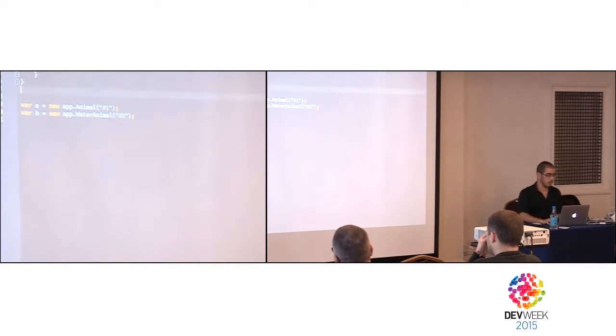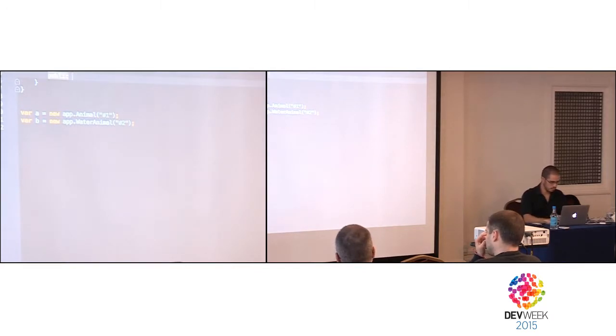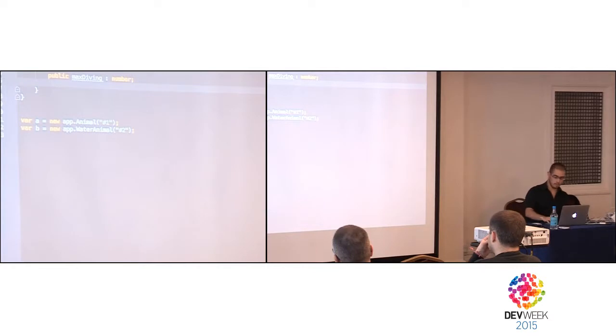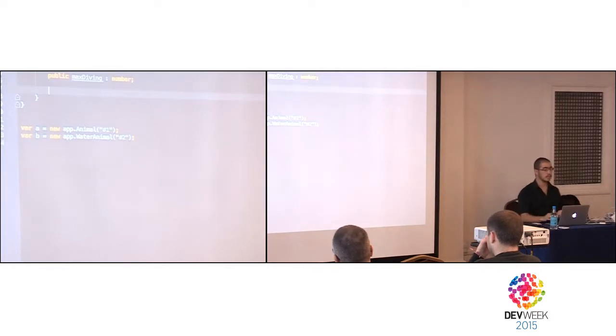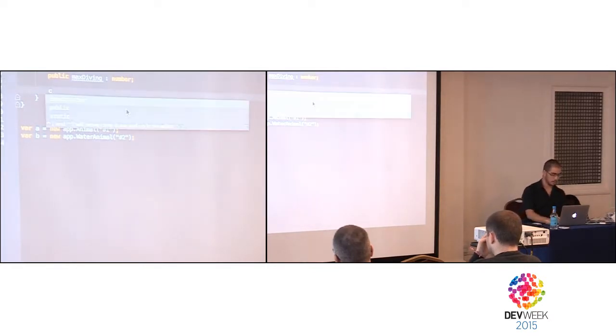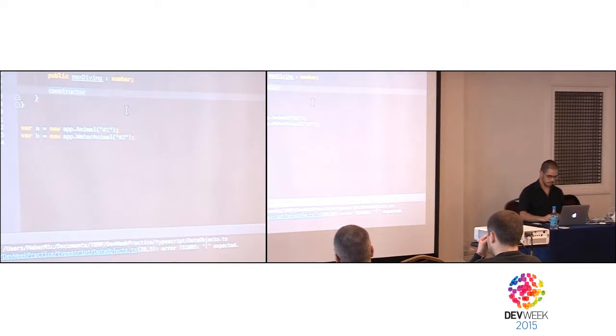Of course, if I want, I can override it. So I'm going to do public, and it's, let's say, max diving, how long it can dive or something, and we have a number. And here, what I want to do is I want to create a constructor to get both of them. So I want to have the name, which is a string, and I want to have the max diving.